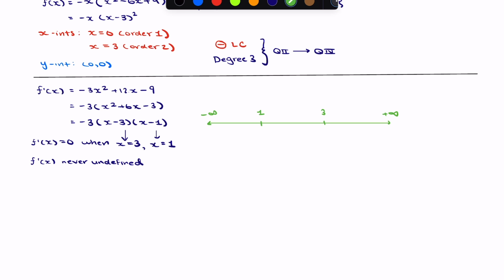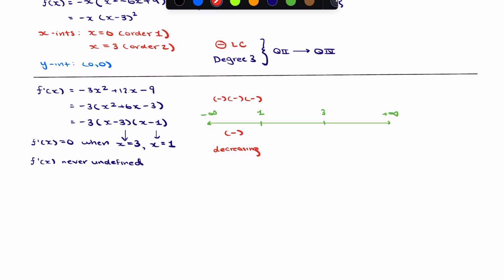So here we'll sub in a point that's less than 1. So let's say 0. So here the negative 3 is negative. 0 minus 3 will give us negative, and 0 minus 1 also gives us negative. Negative times negative times negative gives us a negative value, which means that here it is decreasing from negative infinity to 1.